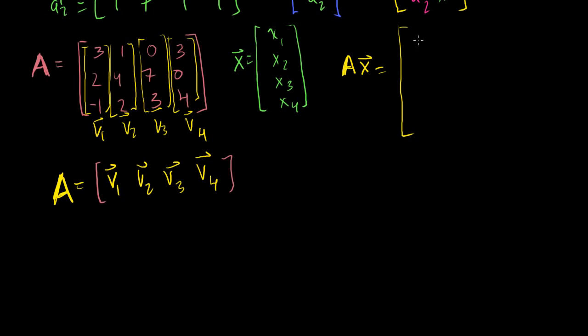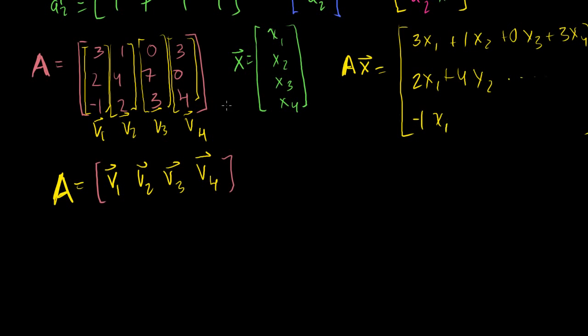It's 3 times x1 plus 1 times x2 plus 0 times x3 plus 3 times x4. That's the first entry. And then you have 2 times x1 plus 4 times x2 all the way. And then you finally have minus 1 times x1 plus 2 times x2. You get the idea.